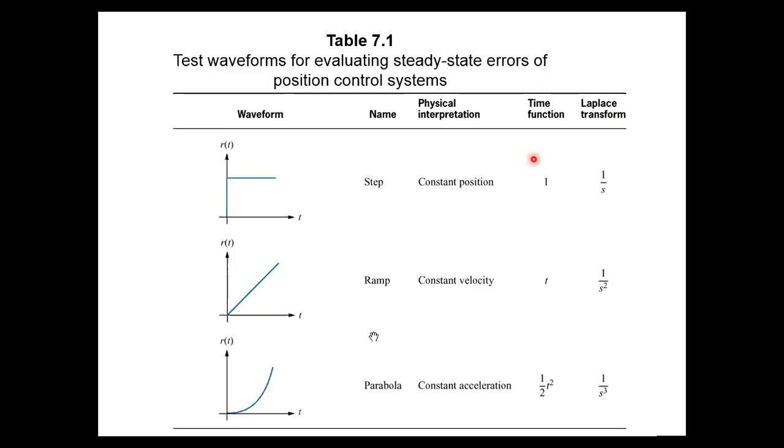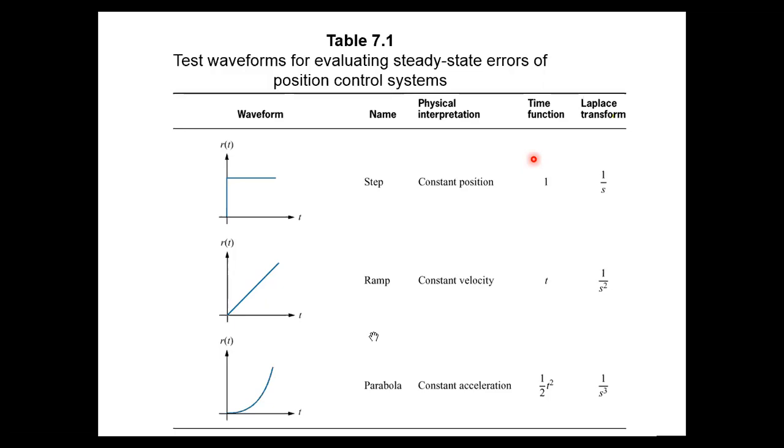For example, a position control system that tracks a satellite moving across the sky at a constant angular velocity would be tested with a ramp input to evaluate the steady state error between the satellite's angular position and that of the control system.